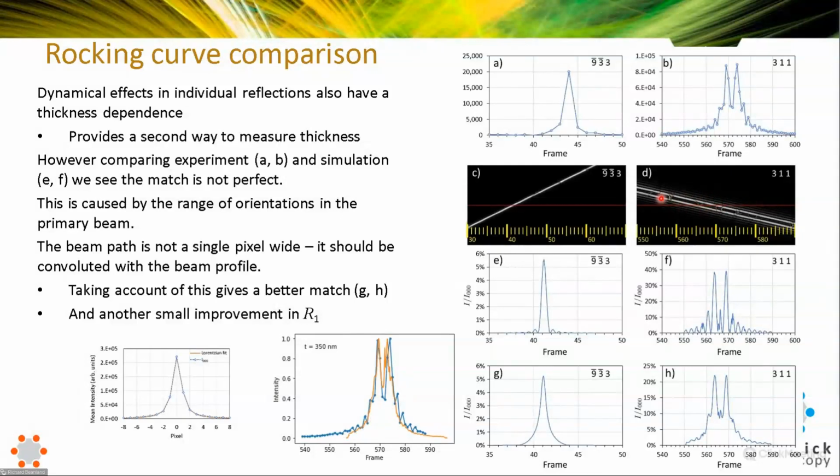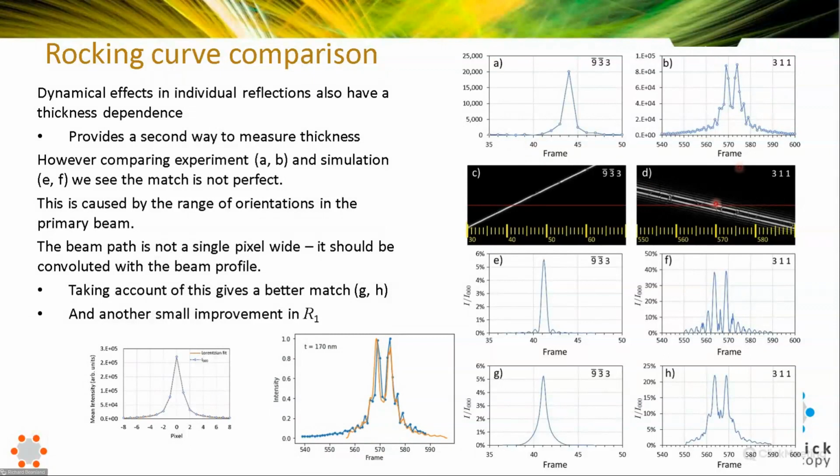And of course, because intensities vary an awful lot very quickly laterally, that can actually change intensities. So if you take account of the fact that we've got a Lorentzian beam profile and we convolve that in, then we get this, and you can see that is a much better fit. And even in a single sharp peak like this, you can see that that turns into a Lorentzian profile, and that's actually a much better fit too.